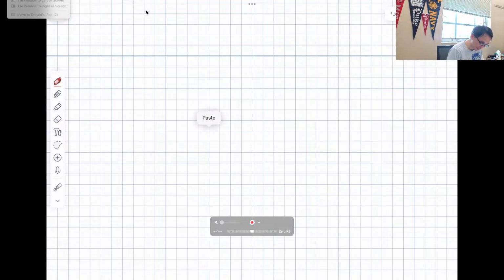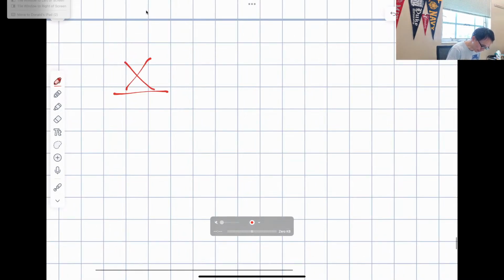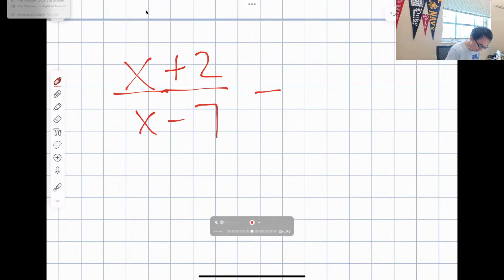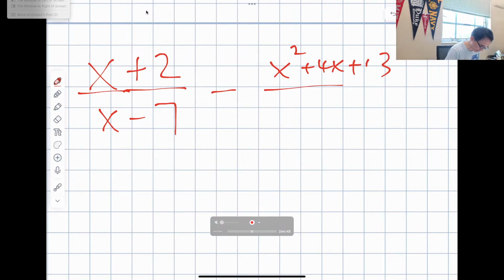Can you tell me what question 32 is? x plus 2 over x minus 7, minus x squared plus 4x plus 13 over x squared minus 4x minus 21. Okay, my thing's not working. So it's going to be x plus 2 over x minus 7, minus the numerator x squared plus 4x plus 13, over x squared minus 4x minus 21.